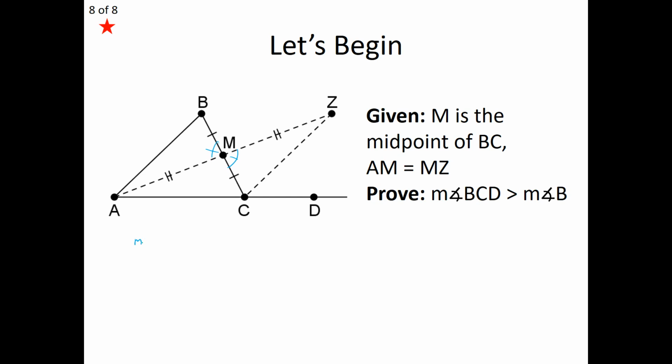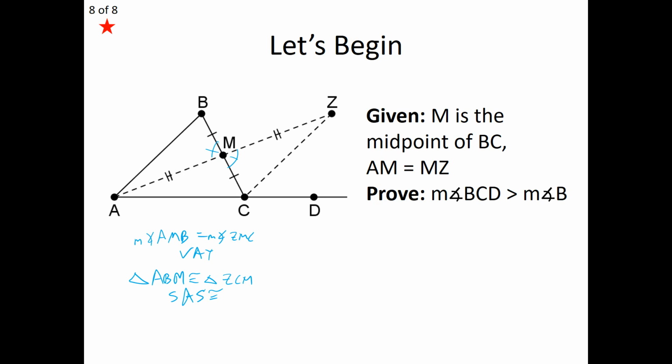So we know that the measure of angle AMB is equal to the measure of angle ZMC by vertical angles theorem, which then leads us into congruence. Triangle ABM is in fact congruent to triangle CZM by side angle side congruence.